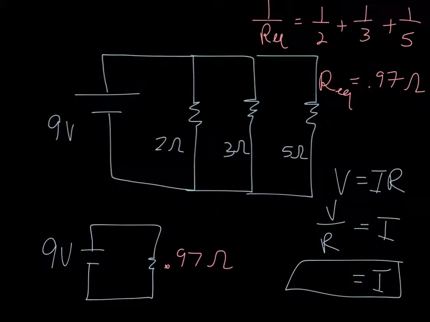No. That's the reason why I'm explaining it to you, but you don't have to make that statement in the problem. What do you get for current? 9 over 0.97. It's not going to be 10. It's going to be a little bit less. 9.3. My units are amps again.